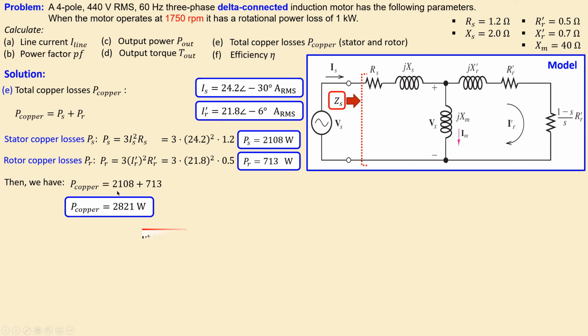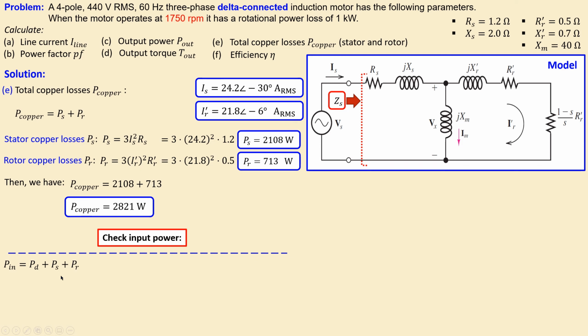The next one is the efficiency. But let's first check what we have so far, because we also want to check the input power. The input power is given by the developed power and the power losses due to the stator copper and also the rotor copper losses here.